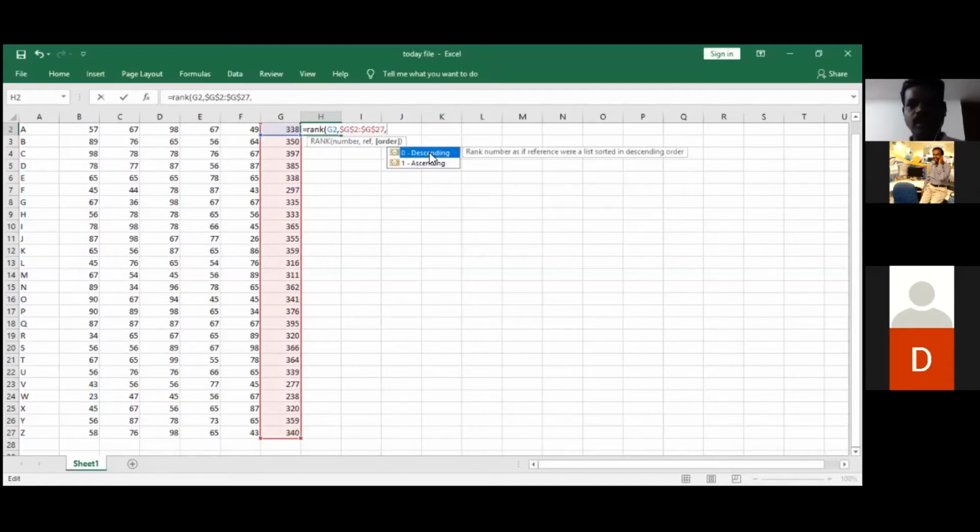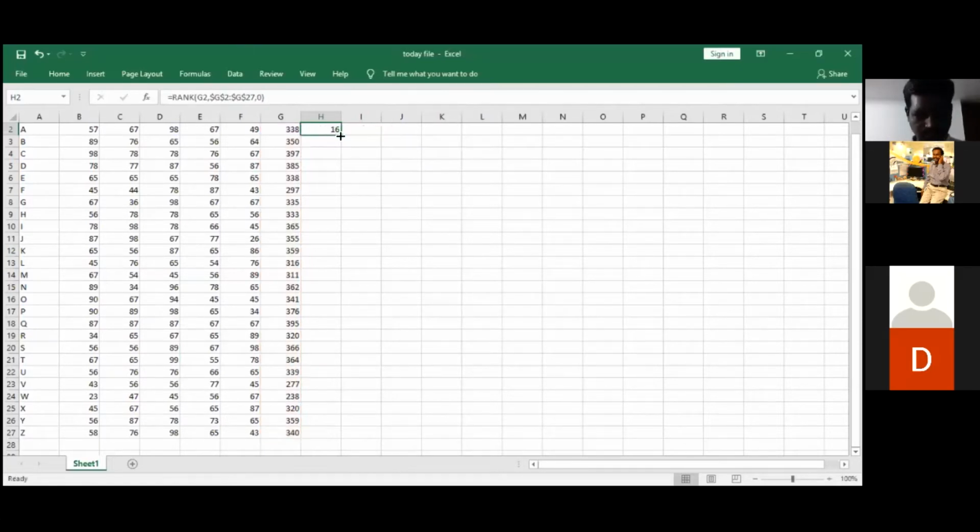Then for descending order you put 0, and for ascending order you put 1. So descending order 0, close the bracket. So this is the 16th rank. Scroll down.